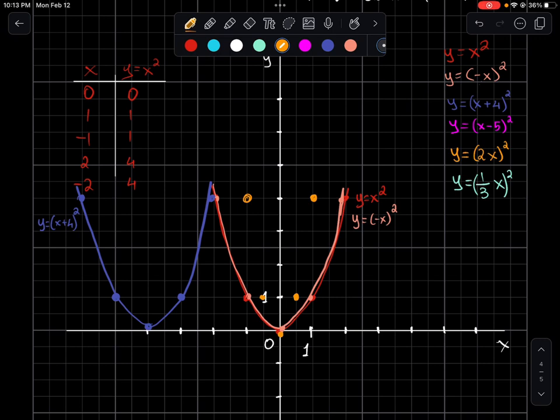And let's see what happens now if I connect. It's going to be a more narrow parabola. Okay, you see it's not taller, it's narrower, and this is y equals (2x) squared.